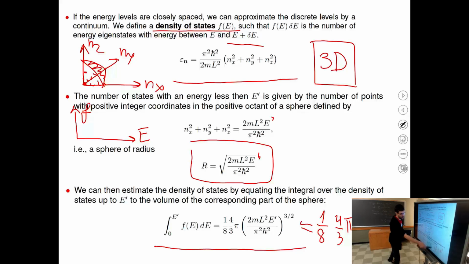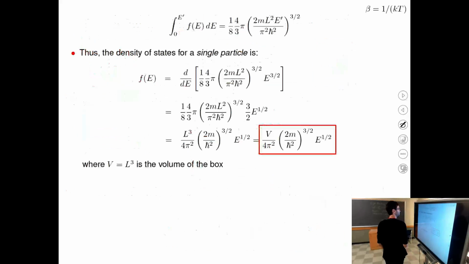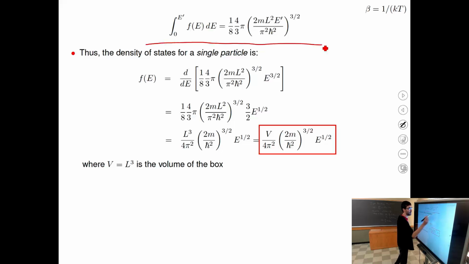So the number of states should match up. From this equation, we can work out what this density of states is. So here it is again, the same equation from the last page. And of course, if we want to extract g(E) out of it, we need to take a derivative of the right-hand side in E, so d of the right-hand side dE.